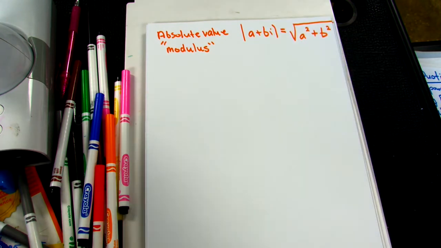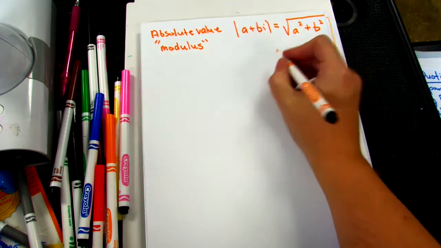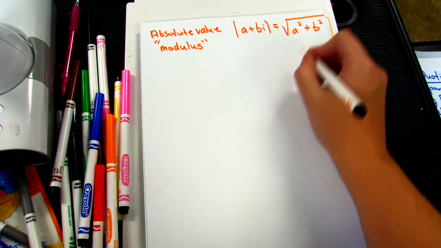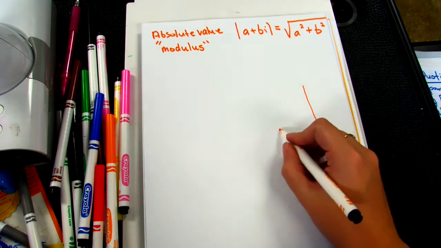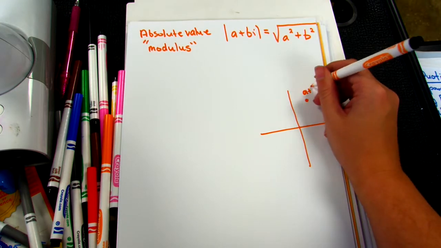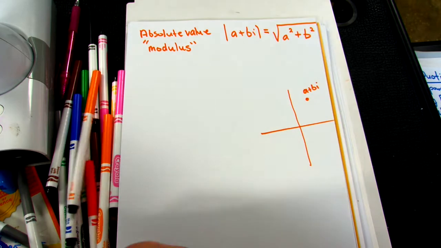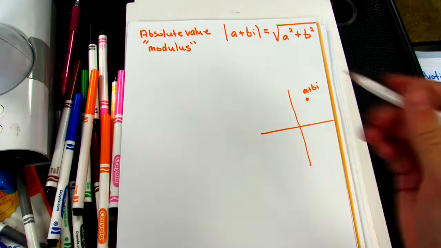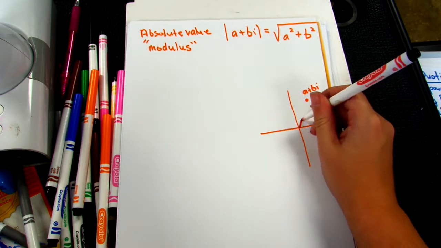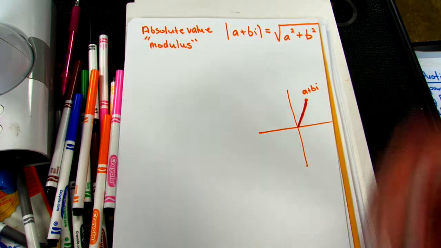Okay, so what does this tell us? What is this number related to the graph? Well, the graph of a plus bi is a certain distance from the origin.